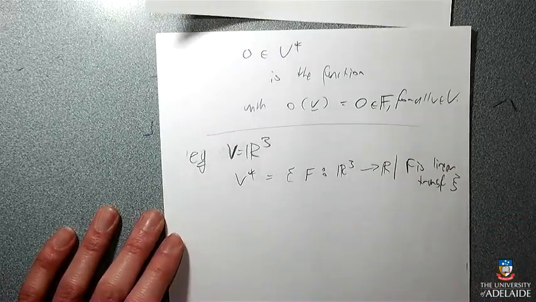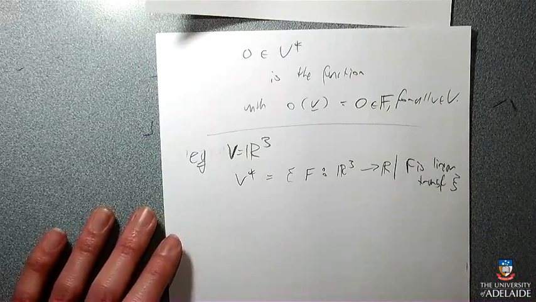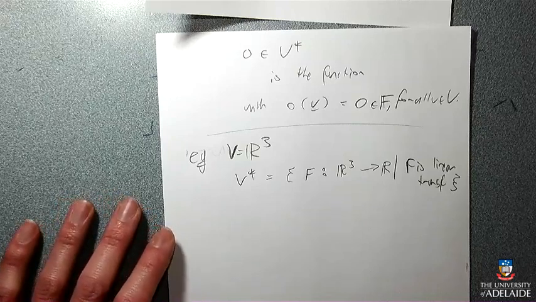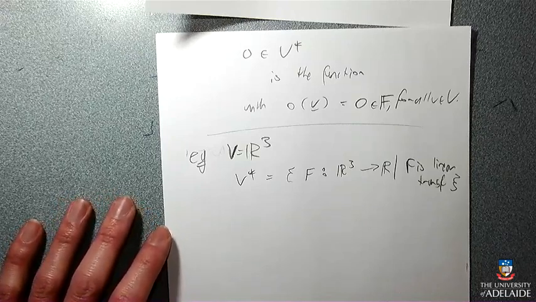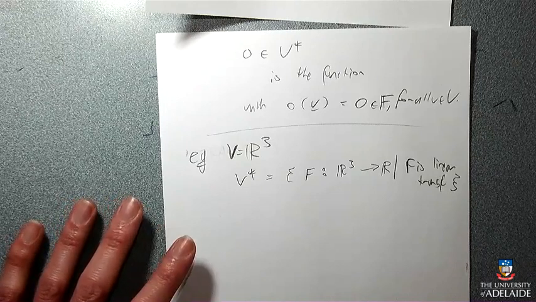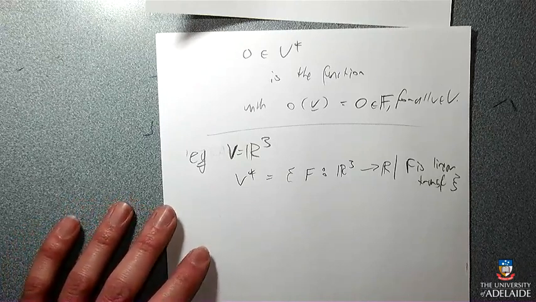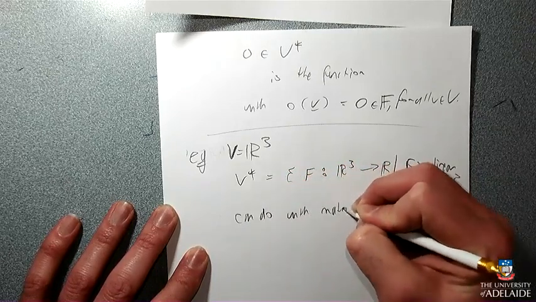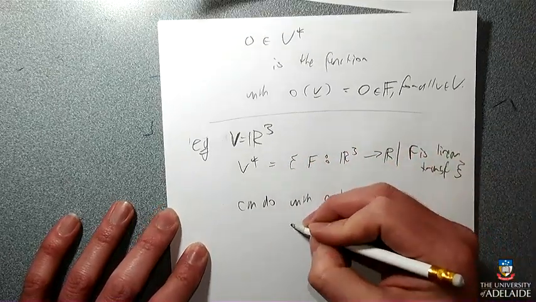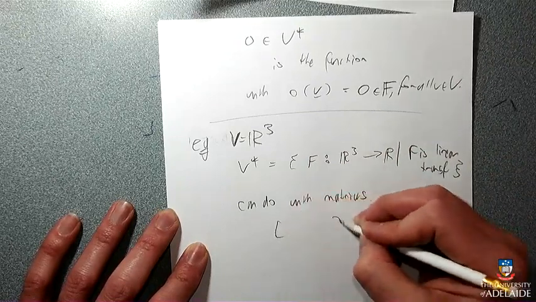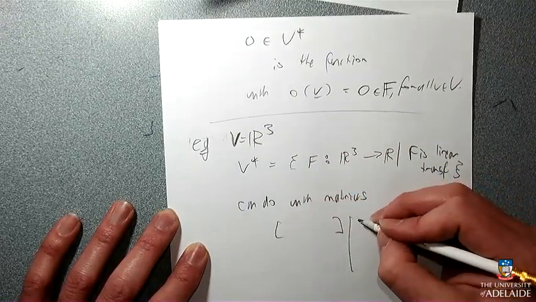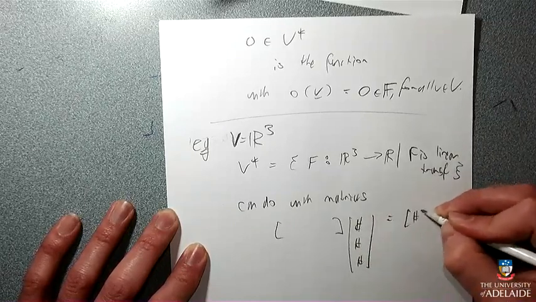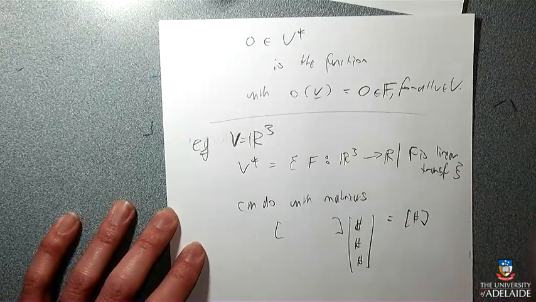Okay, so to be a linear transformation from R3 into R, it would basically be a matrix, because all linear transformations can be done with matrices if you want. So if you started in R3, you would have a vector in R3 here, and you would produce a number in R here, which is a 1 by 1 matrix.